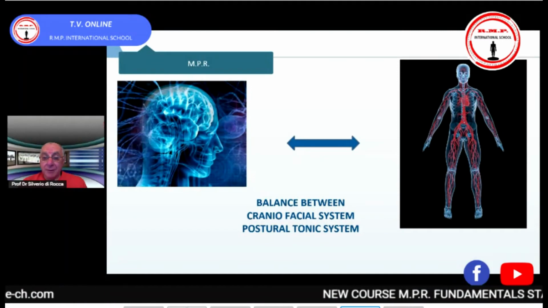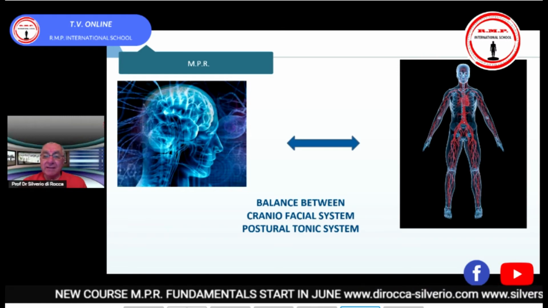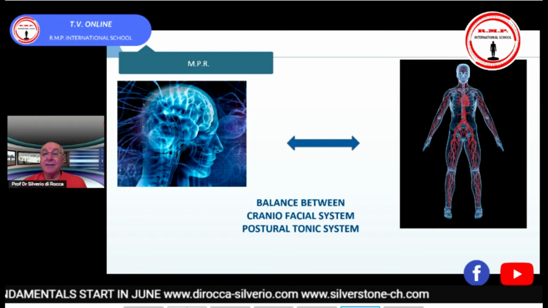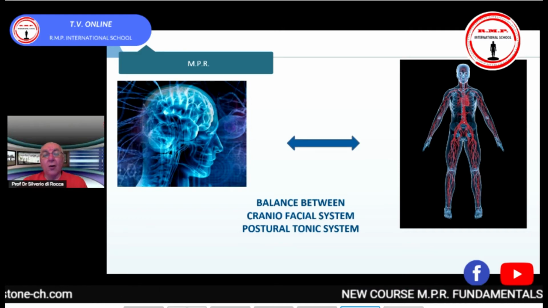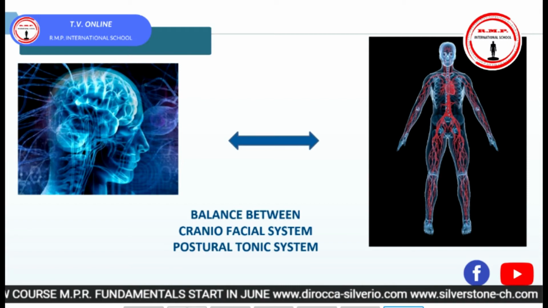And remember, MPR is a good balance between the craniofacial system and the postural tonic system. That means a good balance of the whole body. This is the goal in rehabilitation, to have a good balance in the whole body.